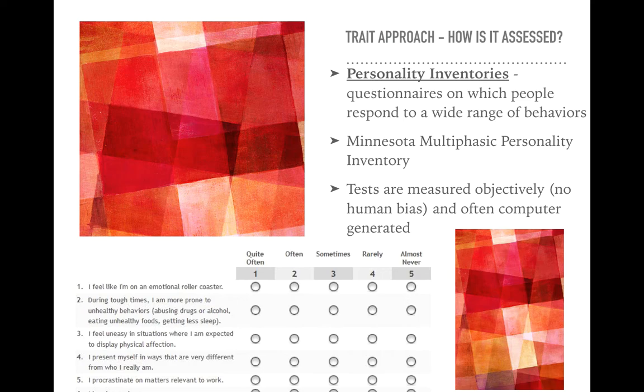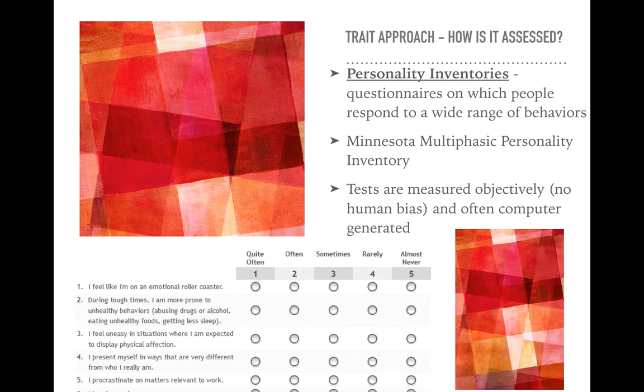The reason that we can do this and spit out your personality type is because these personality inventories are measured objectively. We talked about the difference between something being objective and subjective. If something is objective, there's no human bias whatsoever.